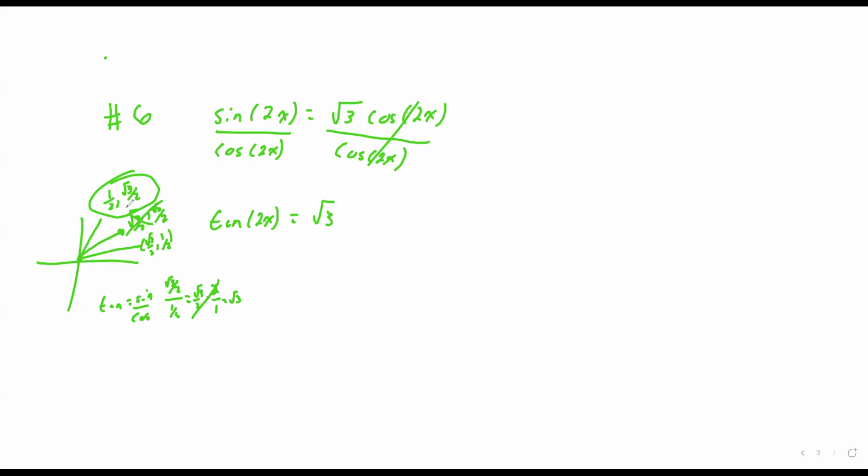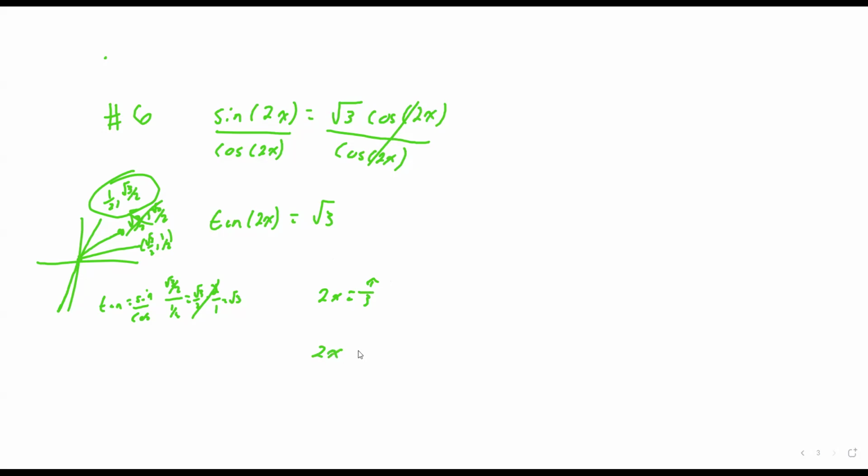But just to show you, tangent here would be the square root of 3 at this marker here, and it will also be at this marker here as well. That would then mean that 2x equals that marker. What is this marker? Pi thirds.